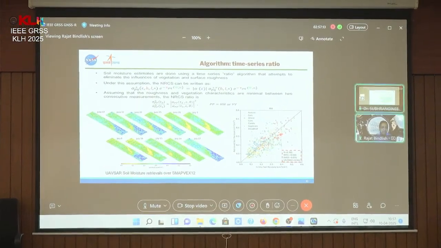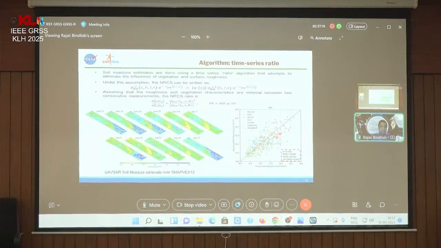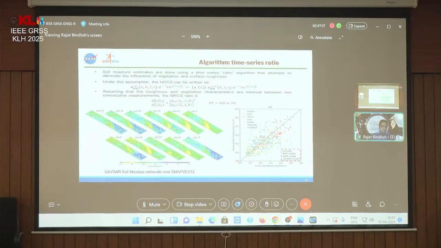And the reason I mentioned that particular data, unlike UAVSAR, which is 80 megahertz and has a low noise floor, is that NISAR, even though it has a very low noise floor, is not as low as UAVSAR.